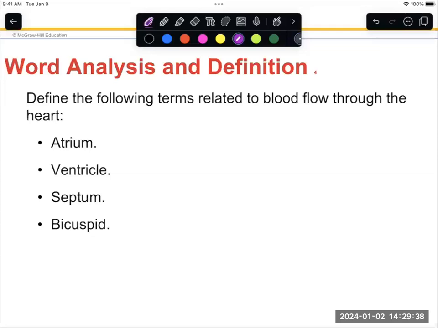A septum, or in Latin, partition, is a wall that divides two cavities. Then bicuspid: bi means two, so it has two points. The bicuspid heart valve has two flaps that come together to form the valve.